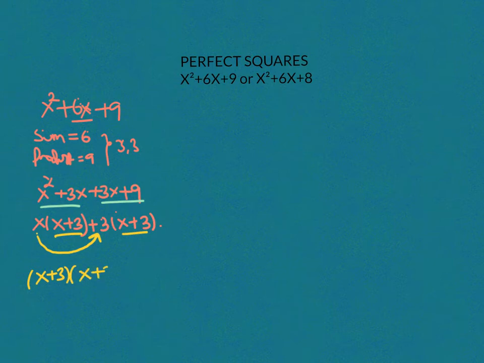And x plus 3 into x plus 3 is x plus 3 squared. Now we have factorized the first expression, x squared plus 6x plus 9, and we are ending up with x plus 3 squared. So we're going to pick the second expression and do the same.